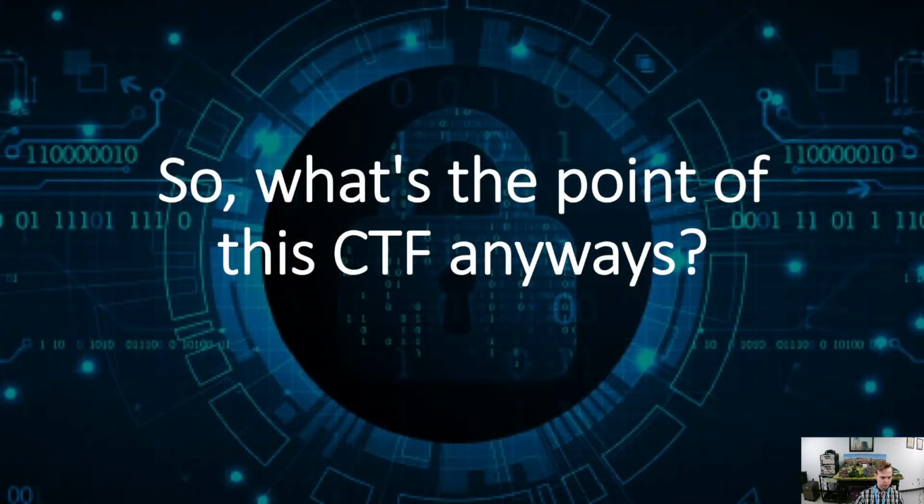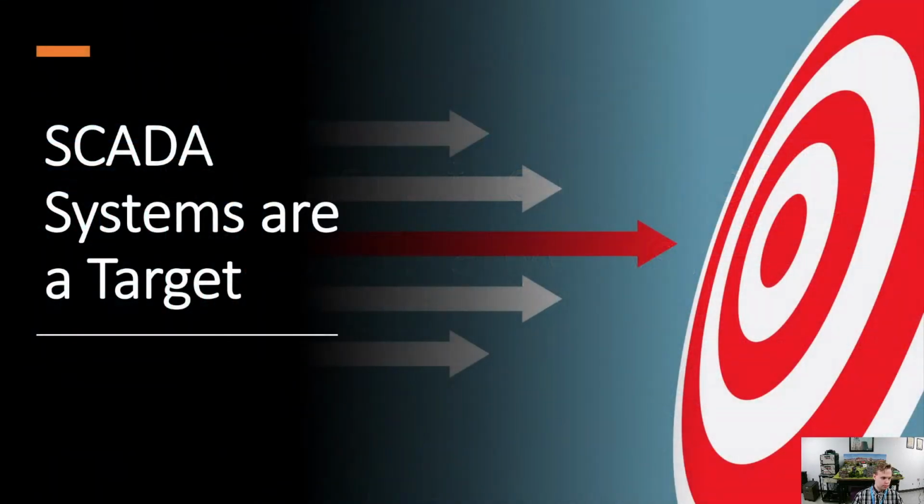So you might be thinking, SCADA systems are cool and all, or SCADA systems are confusing and all, and I'd agree with both statements. But why are we studying all this? Why am I talking about all this for the CTF? What's the point? The main point is, these SCADA systems are a target, and a very large target at that.